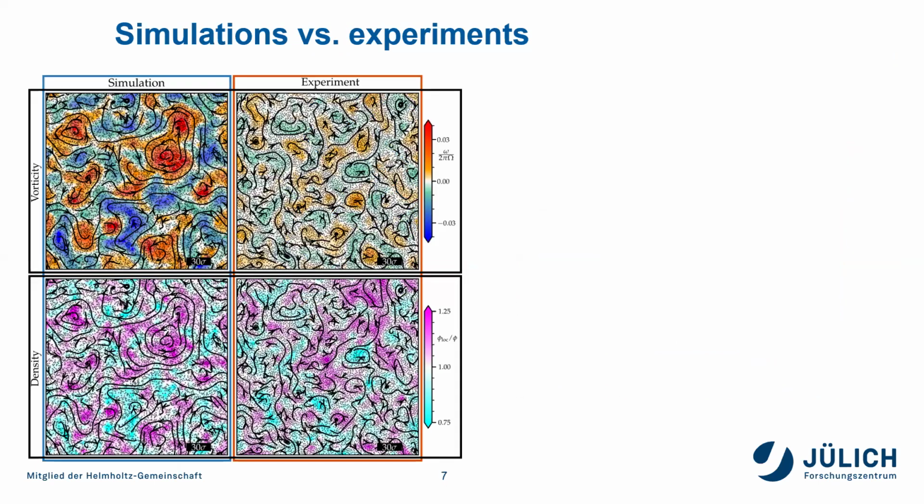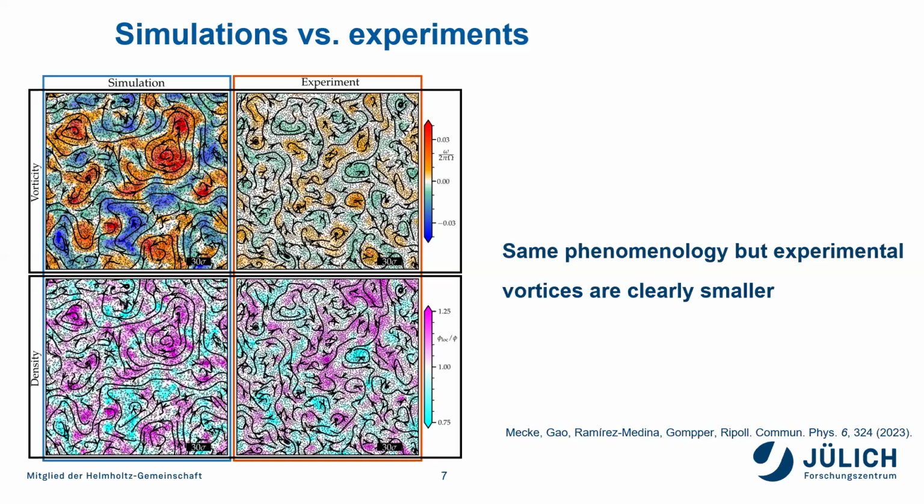So here we show one of these snapshots of the simulations where you see the vortices, and this is the same analysis done for the experimental system. You see that phenomenologically it's the same: vortices, positive, negative, and accumulation of particles in the same places.